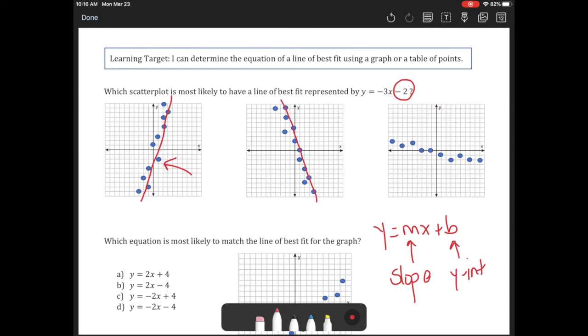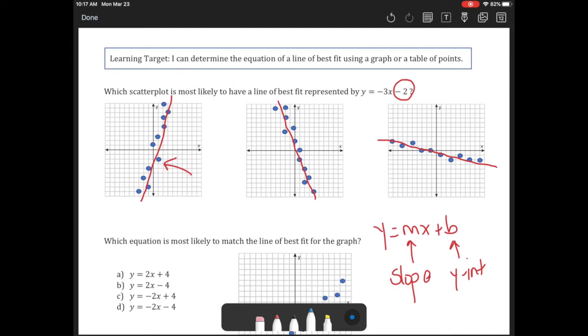This one, I guess it depends on where the line of best fit is drawn. And then this one, like so. I'm thinking that I can't really tell from the y-intercept.